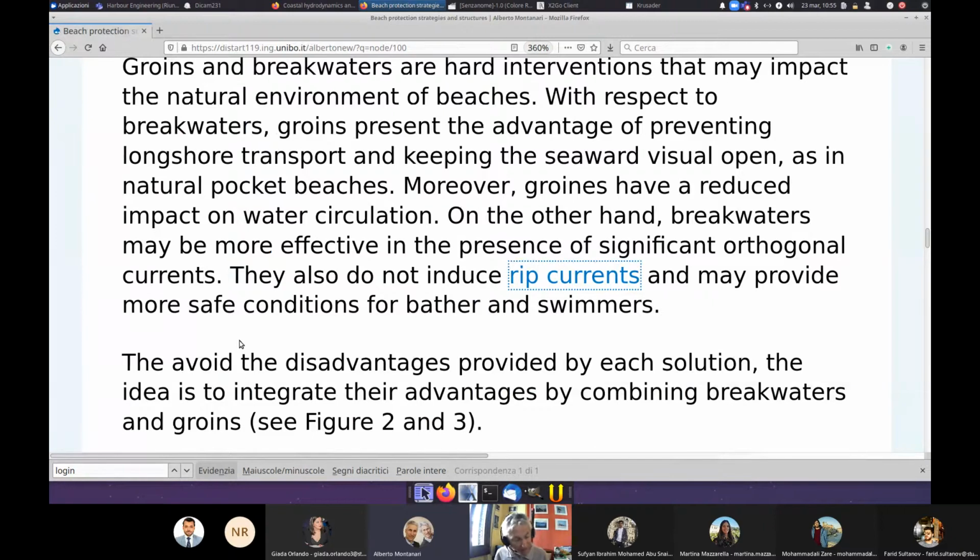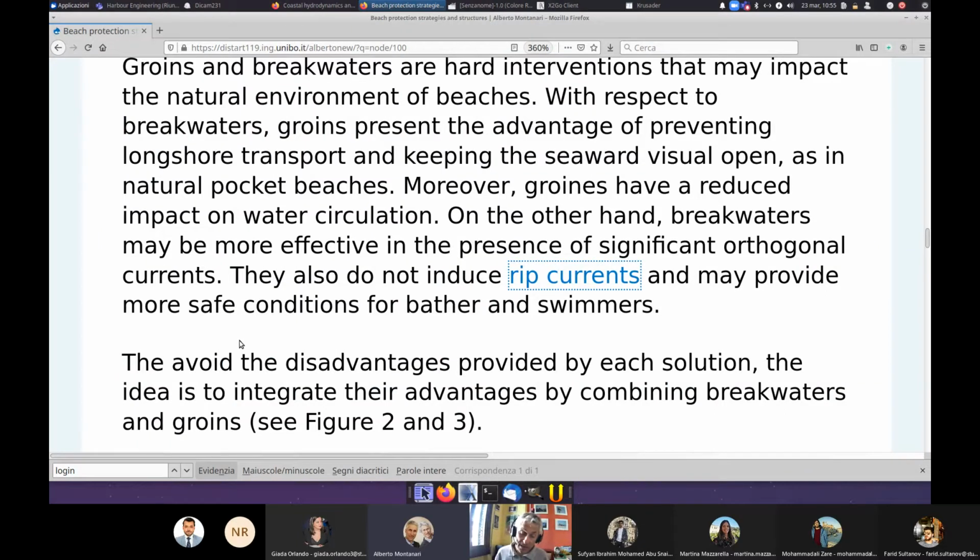I know that it's something like trying to hide the dust under the carpet, because it's clear that our beaches are all human impacted, affected by anthropogenic activities.